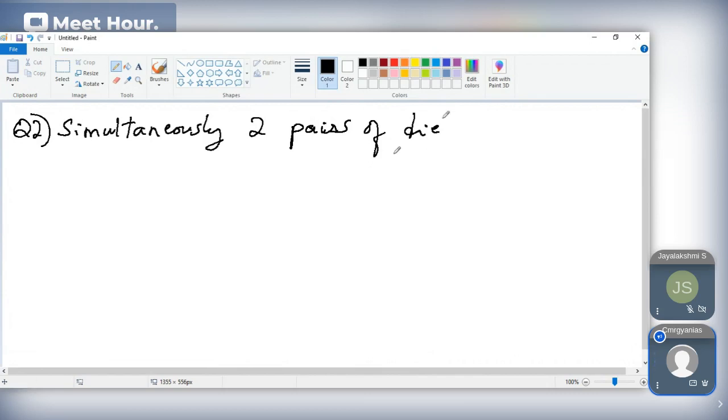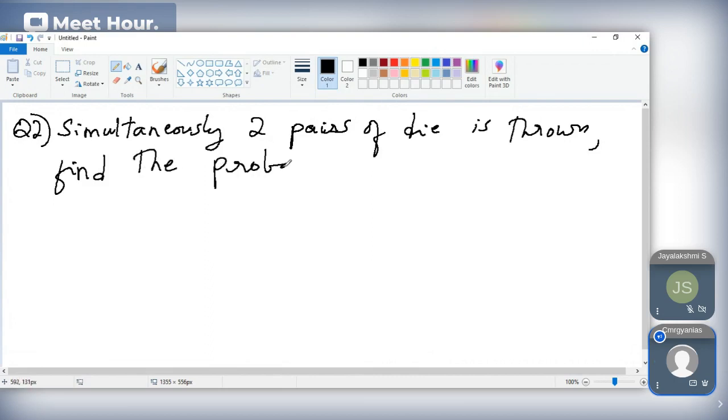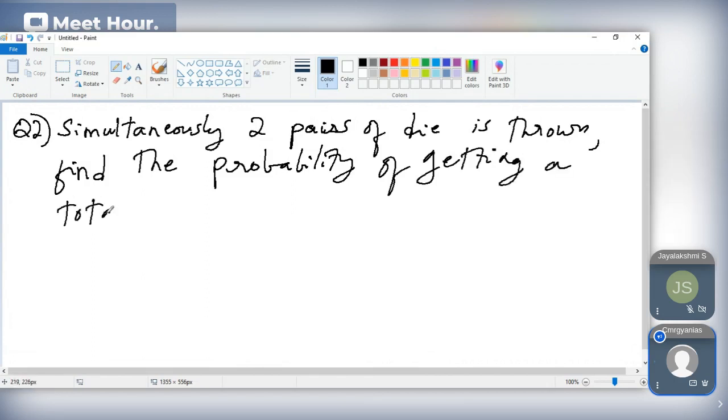Simultaneously, two pair of dice is thrown, comma. Find the probability of getting a total.